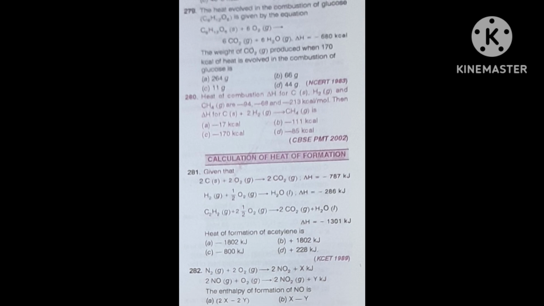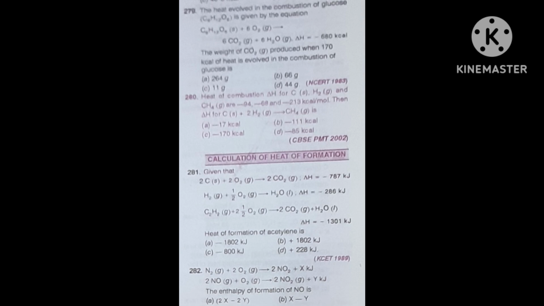It is 300 because the question says the reaction takes place at 27 degrees centigrade, and 273 plus 27 is 300. So T became 300, and R you will get as 2 divided by 1000.